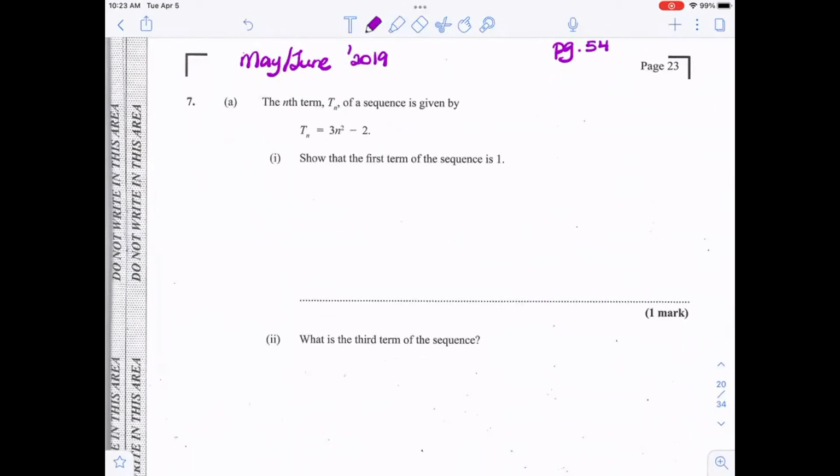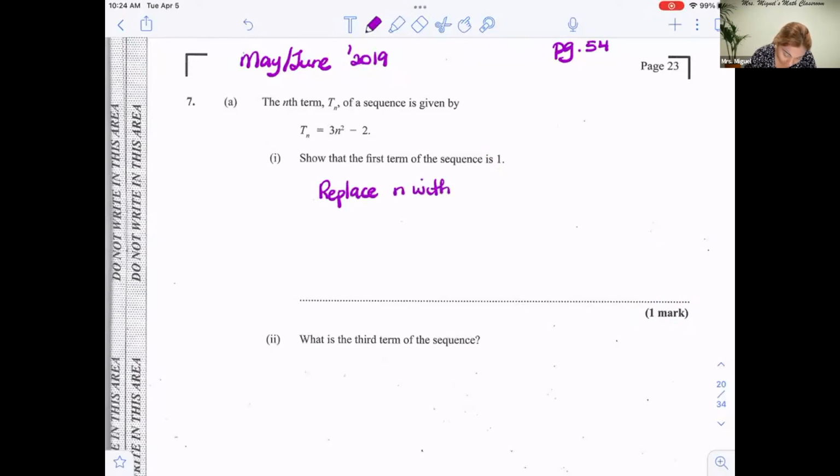The nth term. Don't be intimidated by n. N is a variable just like A, just like X, just like Y, and it could take any value. For 1 mark, they're asking us to show the first term is 1. That is not supposed to be difficult. So replace n with 1.